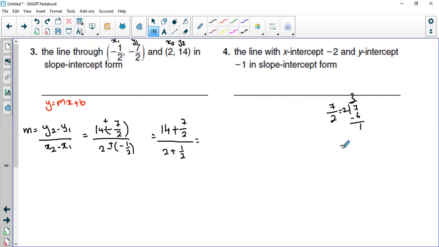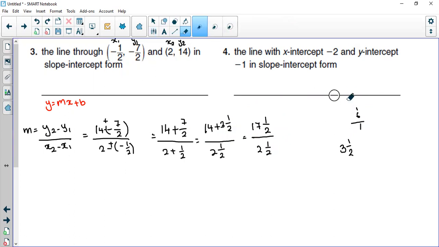So 7 over 2 is going to be 3.5, which means 14 plus 3.5 over 2 plus half. We can do that mentally: 2 plus half is 2.5. But this is going to be 17.5 divided by 2.5. Now we are going to divide these two. So how am I going to divide 17.5 by 2.5? Let me write it this way.